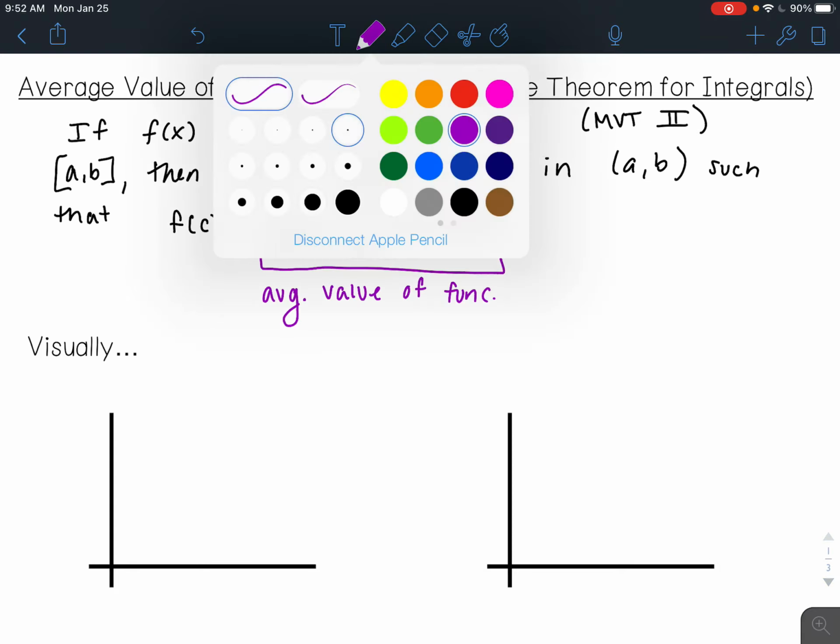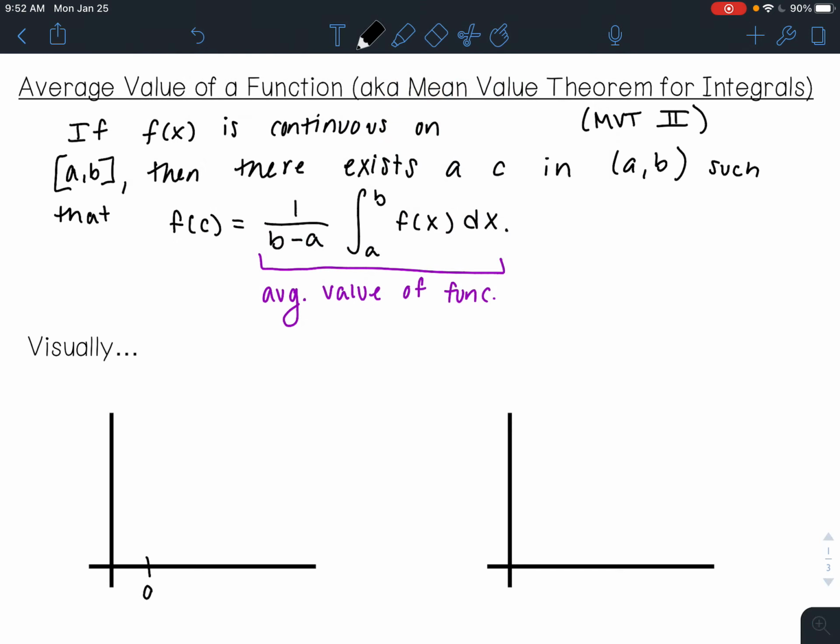So visually, what that means is if we have this function and we're going from a to b, right? So when we're taking the definite integral, since my example here is all positive, what we're really doing is just finding the area under the curve.